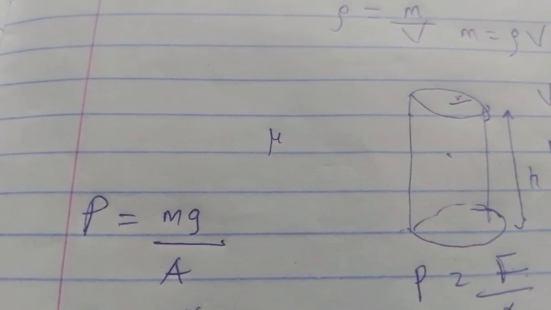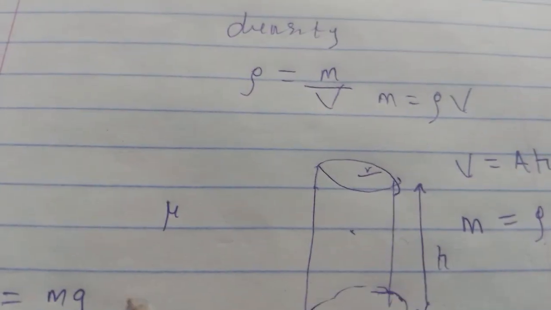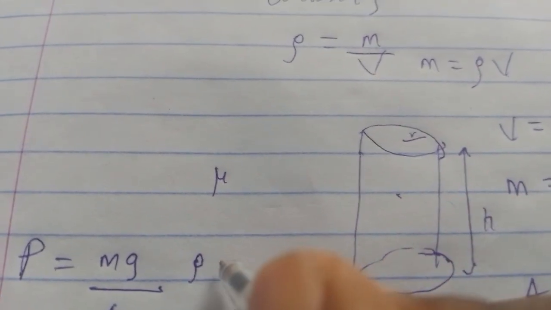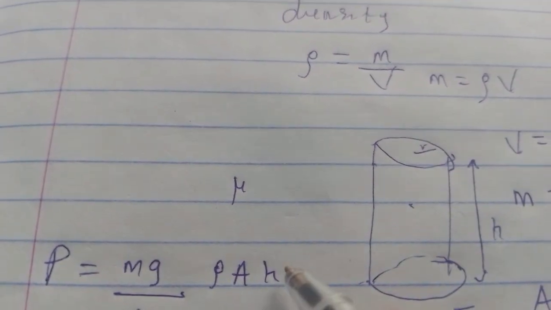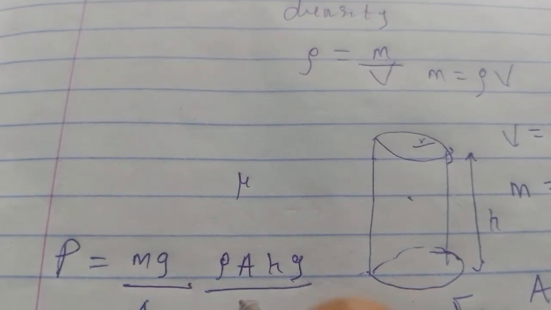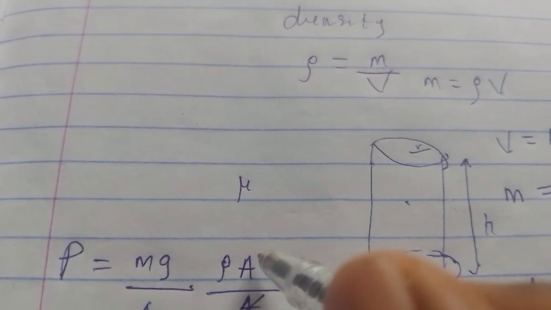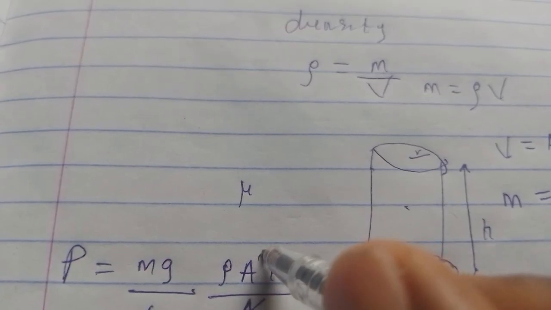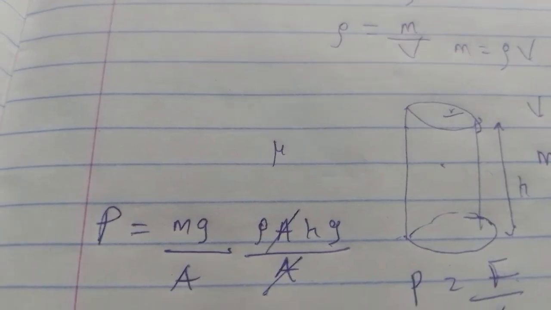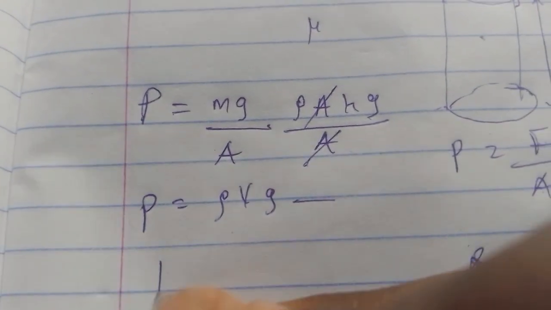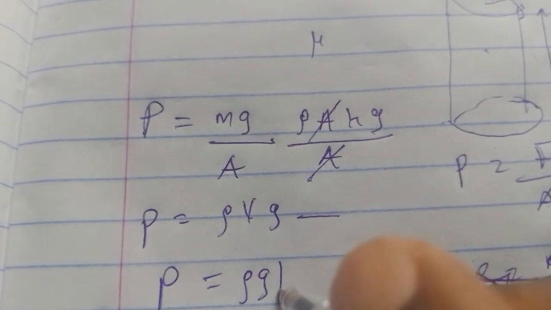And what is our mass? Our mass is density times area times height. So we put density times area times height, times g, all over the area. The area cancels, so we are now having P is equal to rho g h.